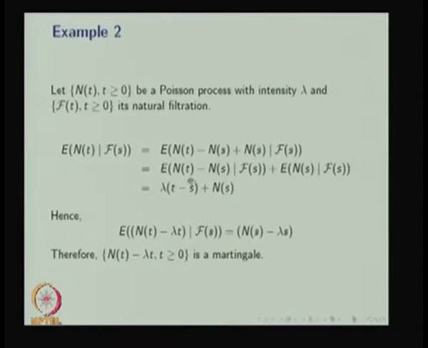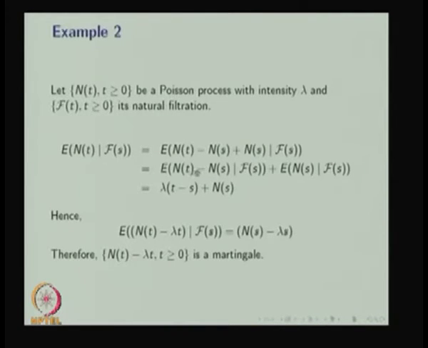The first term: you know the information till time s, and we are asking for the conditional expectation of N of t minus N of s given F of s. That means s and t minus s are non-overlapping intervals. S is a point, and t minus s is the non-overlapping interval. So this is the random variable corresponding to the non-overlapping interval with respect to s.